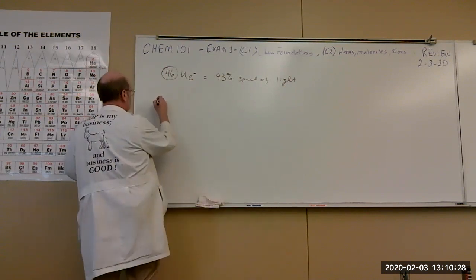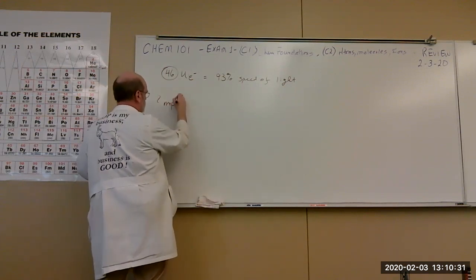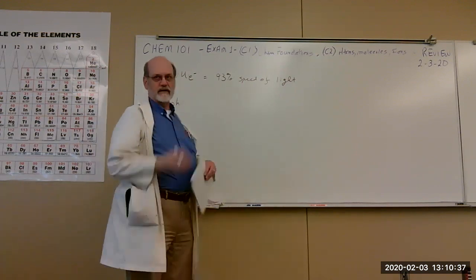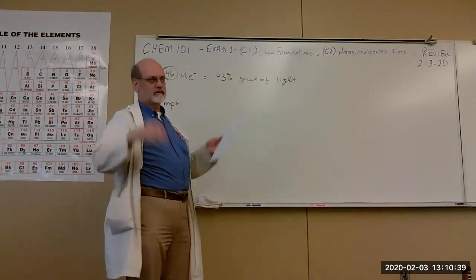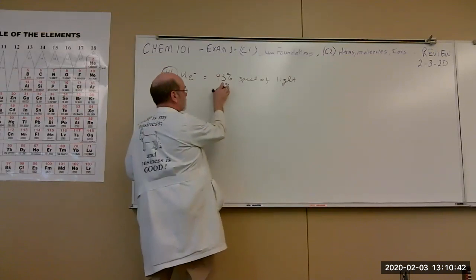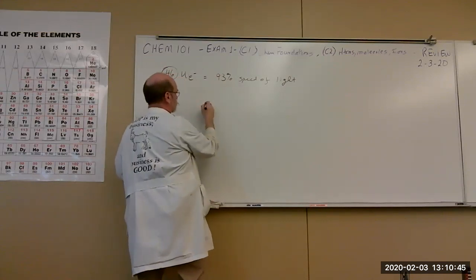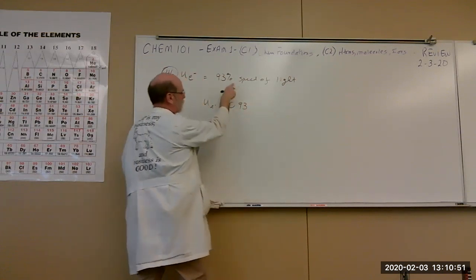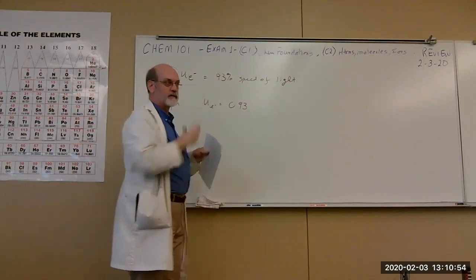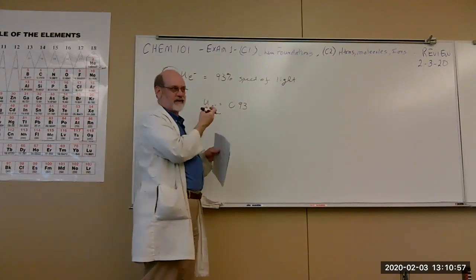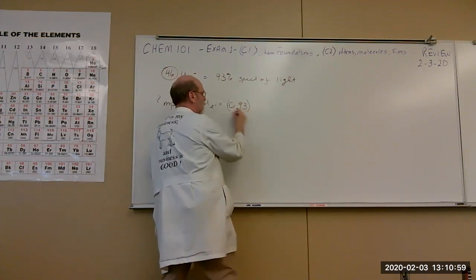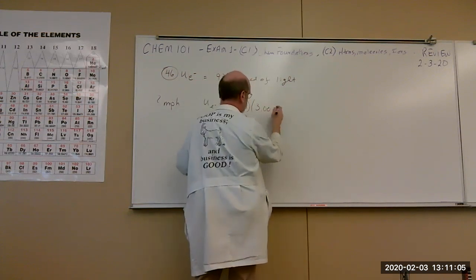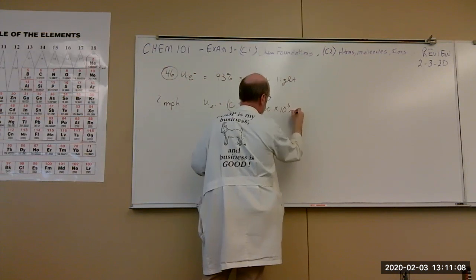And the question is, what's the speed in miles? Okay, so we can't use 93%, that's a dimensionless number. Parts per 100 means nothing. So we have to find out what the true value is for this one. That means we multiply the fractional equivalent of 93%, which is 0.93, times the speed of light, which we're going to round off, in meters per second.